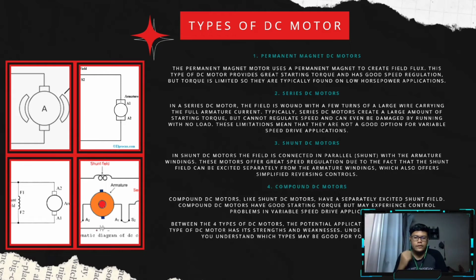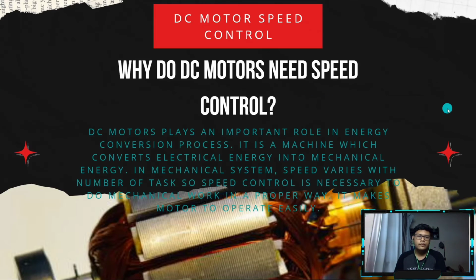Between the 4 types of DC motor, the potential applications are numerous. Each type of DC motor has its strengths and weaknesses. Understanding this can help you decide which type may be good for your application. Now I will talk about DC motor speed control.